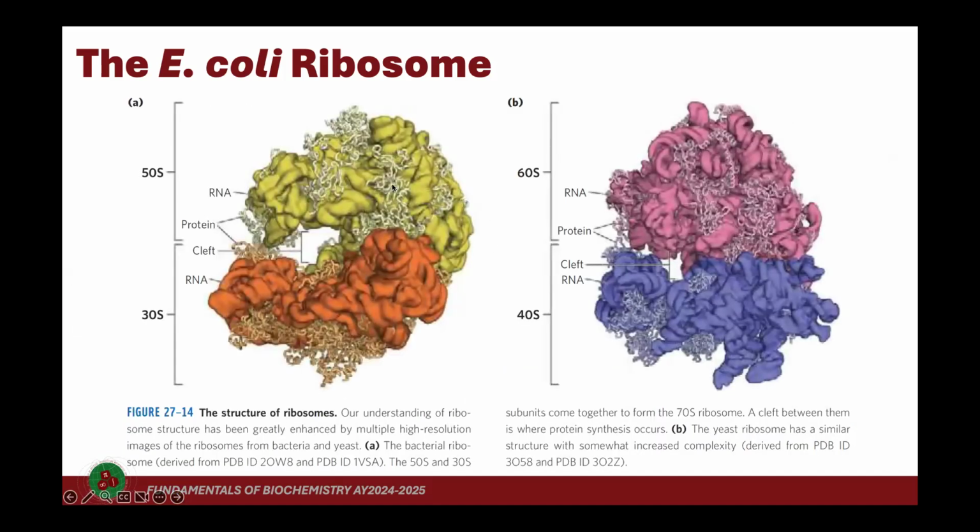If we look at a more detailed model of the E. coli ribosome, which is here on the left, so that's 50S and 30S, you see that most of your proteins, the noodle-looking illustration here, are found on the surface of your ribosome.